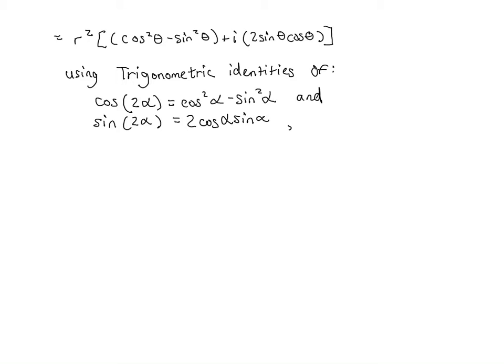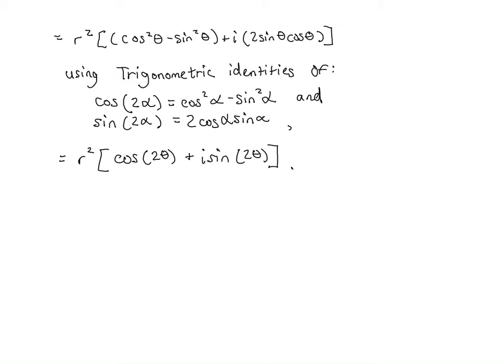So using those identities, we can rewrite the equation above, keep the r squared, and the cosine squared theta minus sine squared theta now becomes cosine of 2 theta plus, and then the 2 sine cosine becomes i sine of 2 theta.